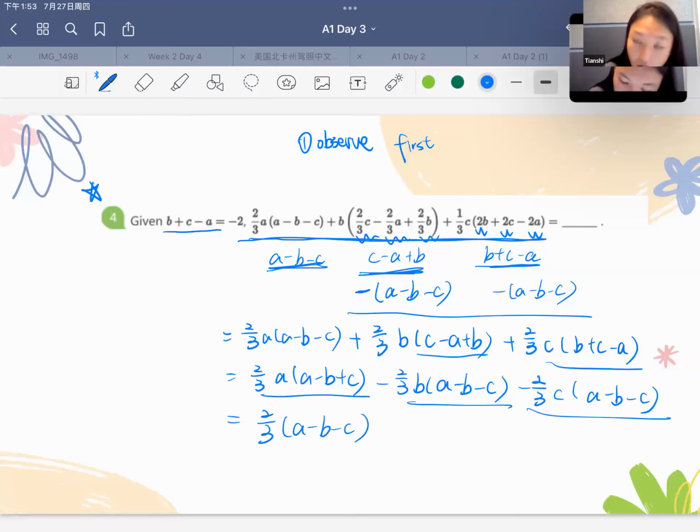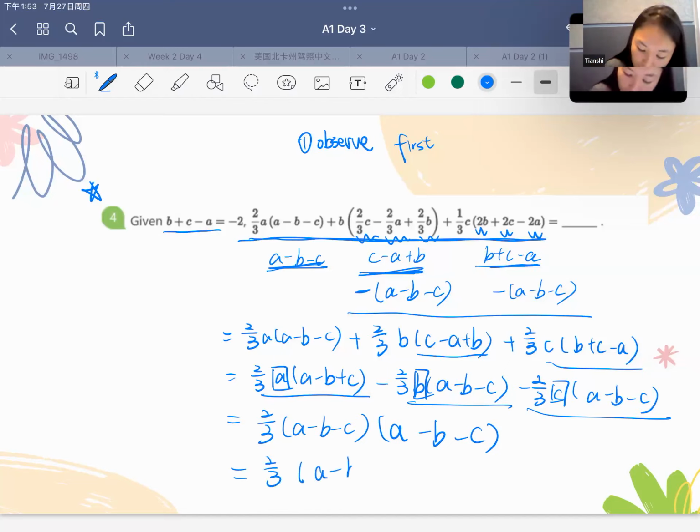So these are the common factors for all the three terms. We can put them in front, and let's see what is left. The first term, we still have a, the second term, we have b left, and the third term, we have minus c left. So the whole thing becomes 2 over 3 times a minus b minus c squared, right?